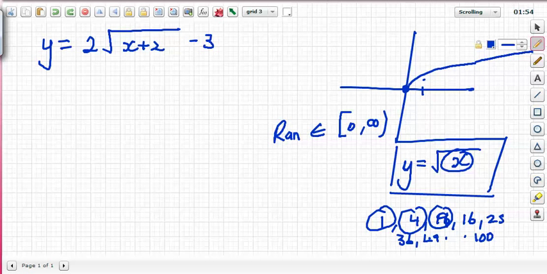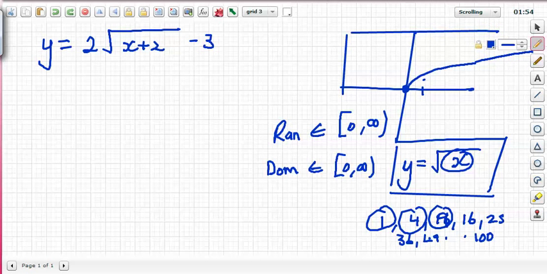The domain includes 0, and we can go all the way up to infinity. So that's looking at the graph, and that's going to give you an idea of the shape of the graph. Let's just say we know what this graph looks like.